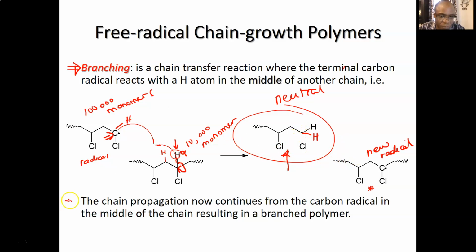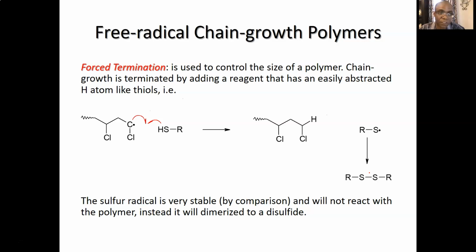The chain propagation would now continue from the carbon radical in the middle of the chain, resulting in a branched polymer. So you see that this is neutral. You made a new radical, which happens to be branched because you have the R groups and then the chlorine. So we usually don't like this type of termination that gives us a neutral polymer, because it gives us new radicals.